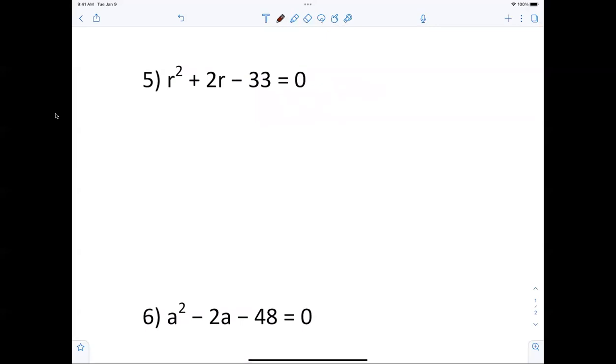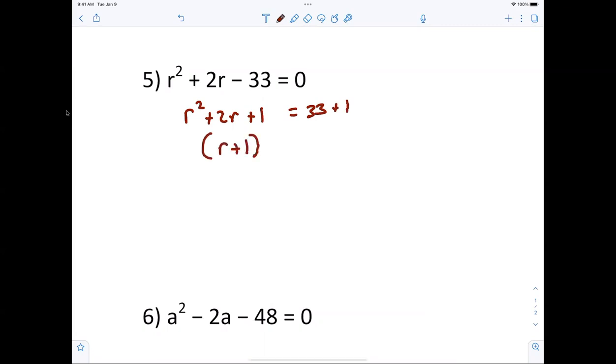Now let me put it on pause and let me see if you can do 5 by yourself. Yeah, it's easy. All right. R squared plus 2R equals 33, right? Completing the square. So what am I adding? Plus 1, plus 1. Factors to what?